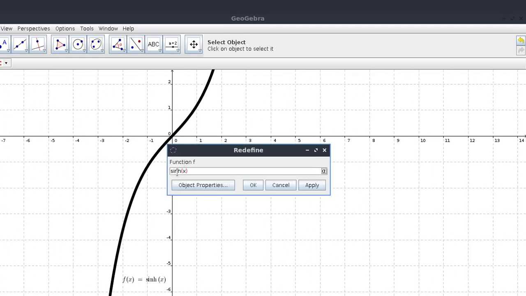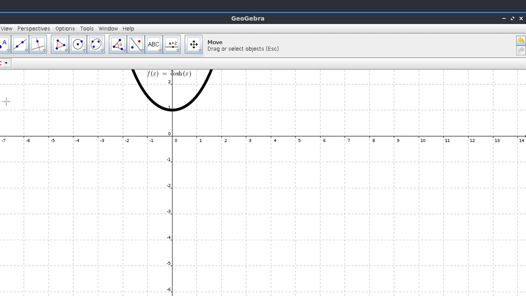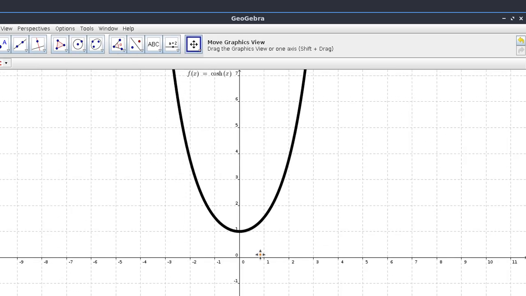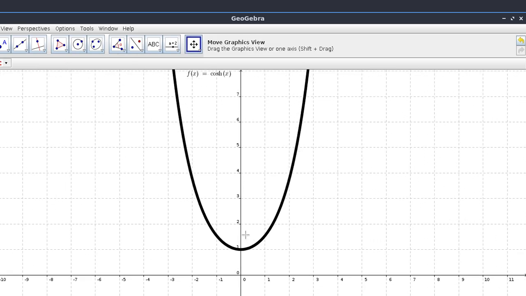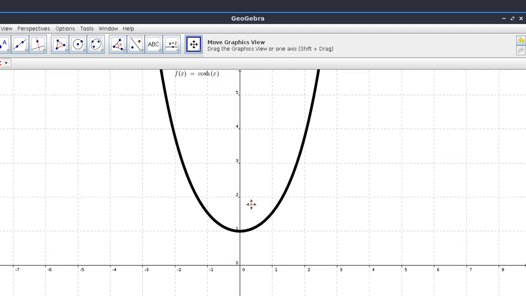Let's change this to cosh x. Alright, so there we go. The hyperbolic cosine, the graph of the hyperbolic cosine.